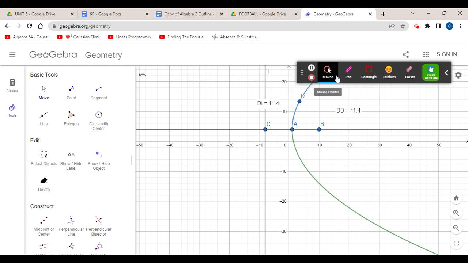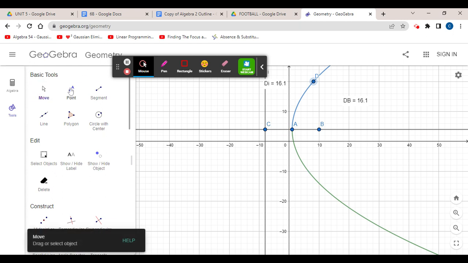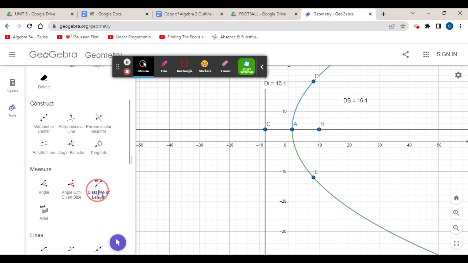Now, if we were to move D anywhere along this thing, we see that the distance from D to B, point to focus, is the same as the distance from D to this line I right here, which is our directrix. For some reason it won't let me drag it down here, but we can make another point here, E, and repeat the process.